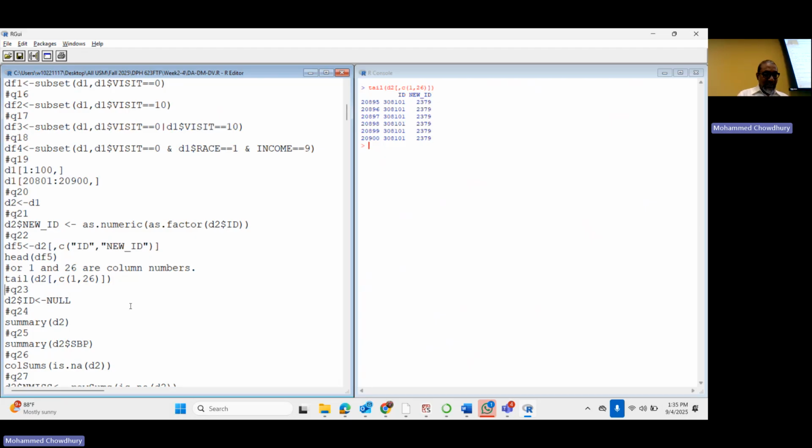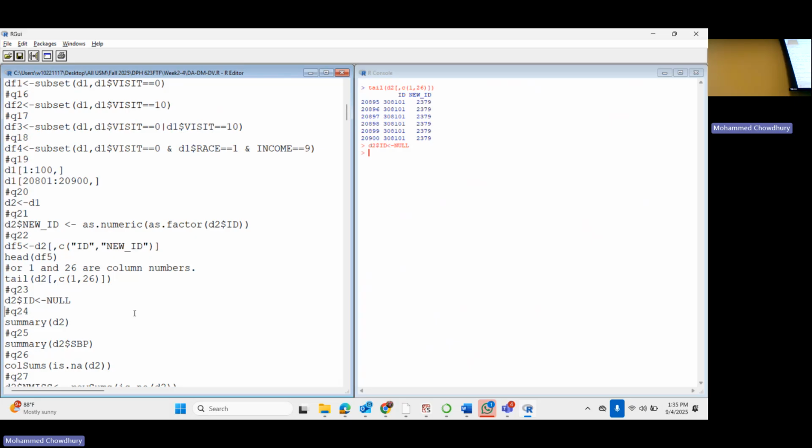Okay, after doing these things, now I want to delete the original ID. How can I do that? This is the code. Question number 23 is telling you how to delete the original ID from the data.